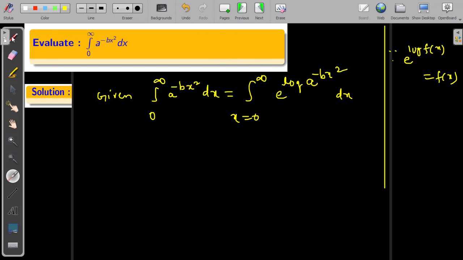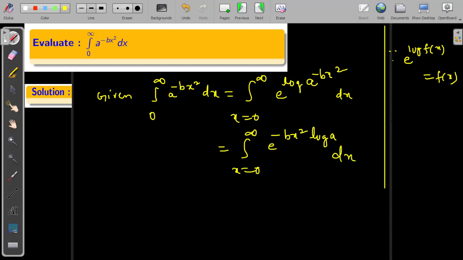The next step, the same definite integral could be rewritten like this: integral x equal to 0 to infinity e power minus bx square log a dx.